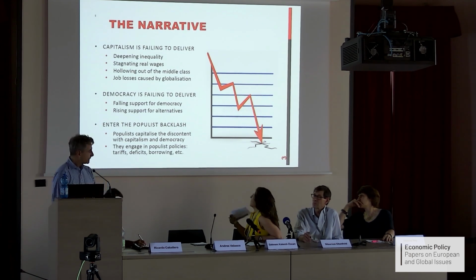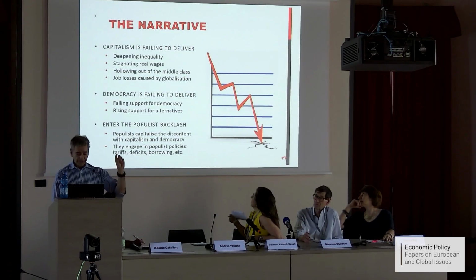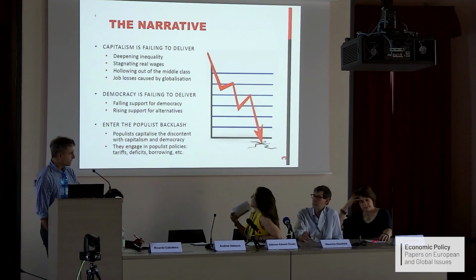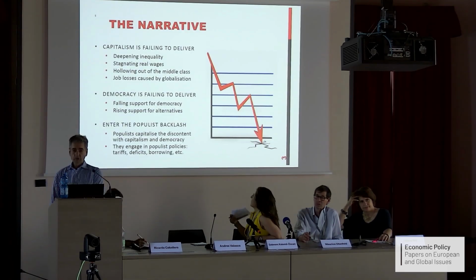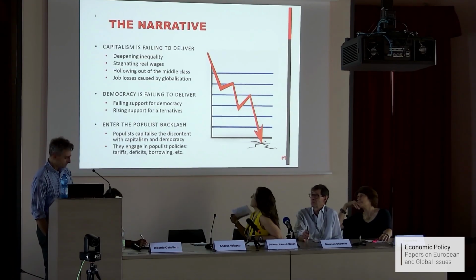Because this happens in a democratic context, people are also upset with democracy. The standard phrase is democracy is failing to deliver. And as a result, we get populists. We get populists of the left sometimes, populists of the right other times, but basically they are reacting, or they are the answer to this popular frustration, which has its roots in a failure of delivery.